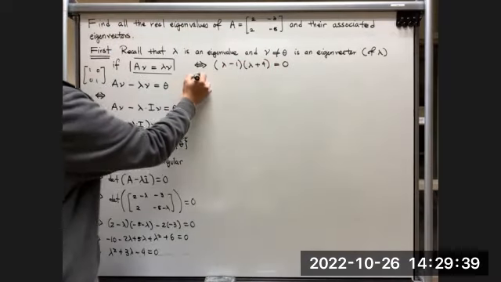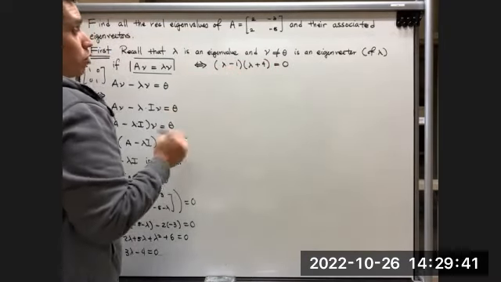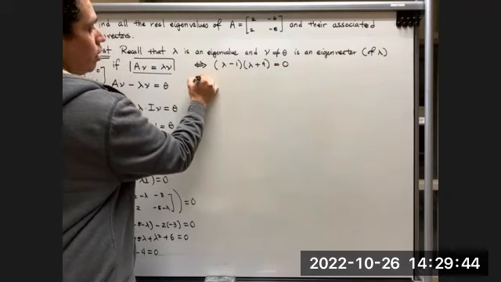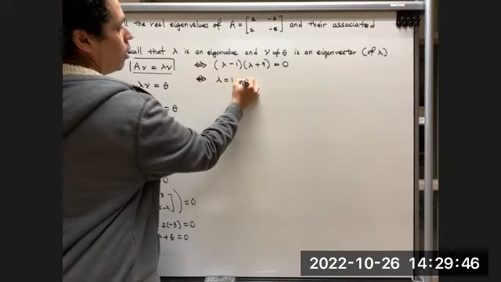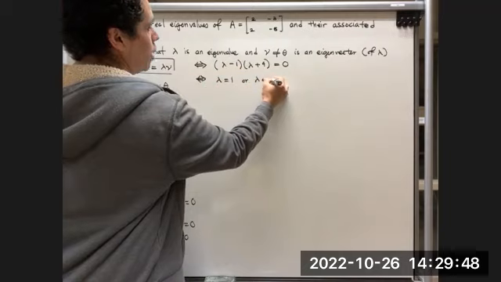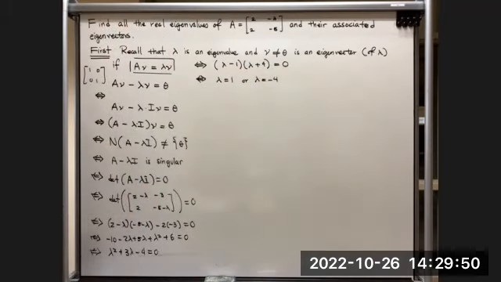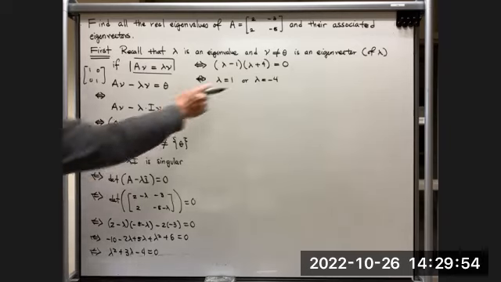But now this is easy because we're dealing with real numbers. This happens if and only if lambda is equal to 1 or lambda is equal to -4, right? That means that the only eigenvalues that are possible are these two.